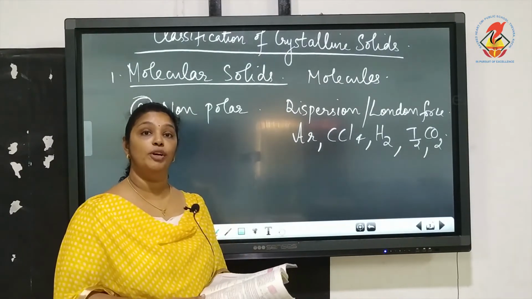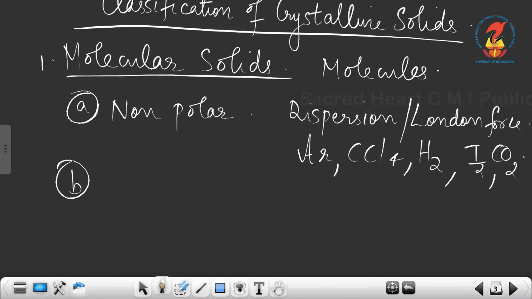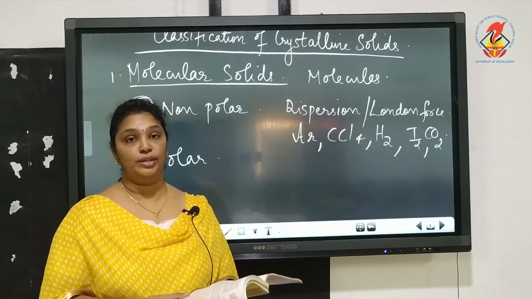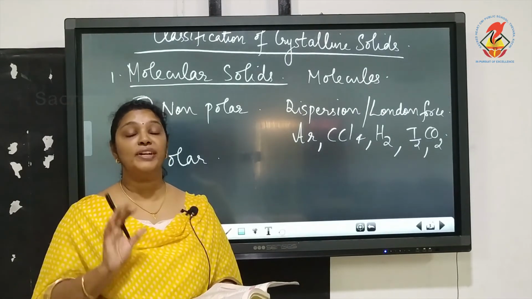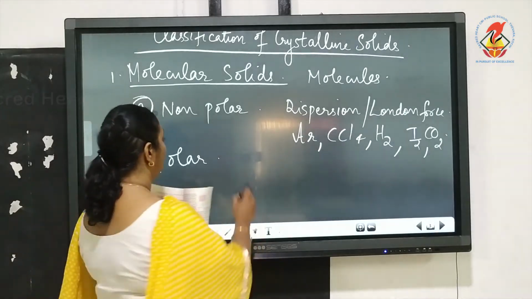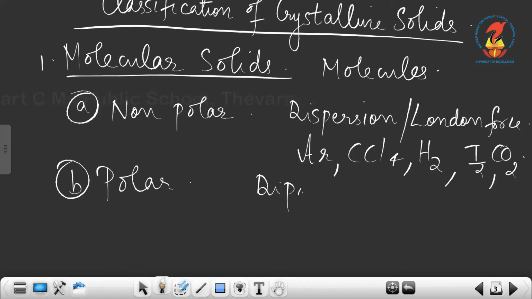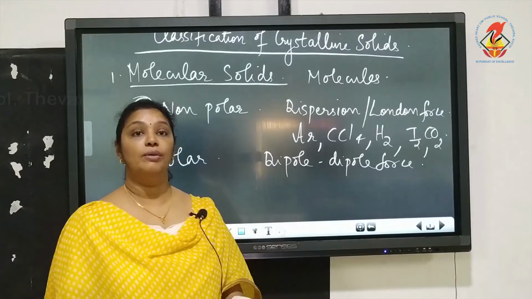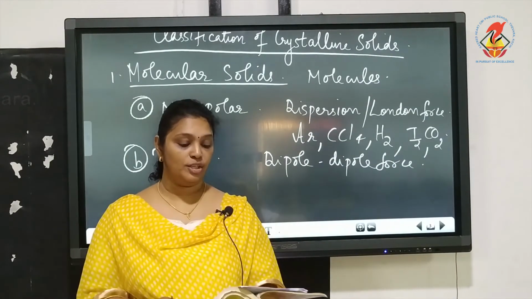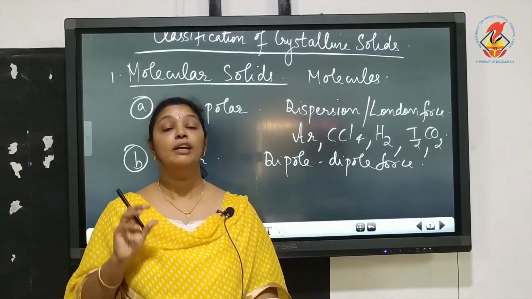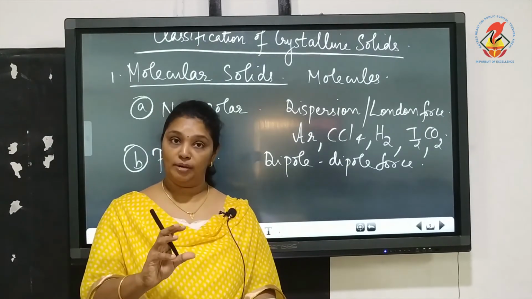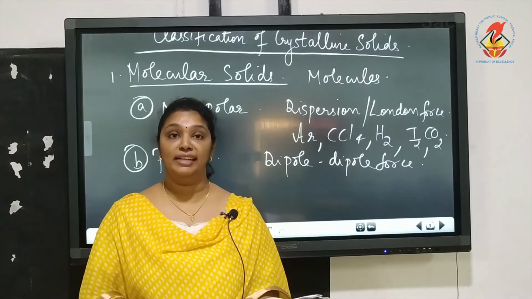Now the second type of molecular solid is polar molecular solid, in which the constituent particles are again molecules, but the force of attraction present is dipole-dipole interaction. Now, what do you mean by dipole-dipole interaction? It is the attractive force between the positive end of one polar molecule and the negative end of another polar molecule.